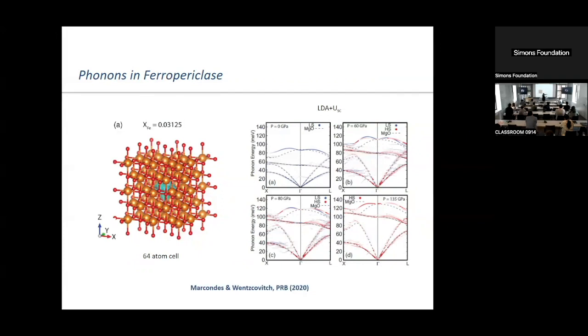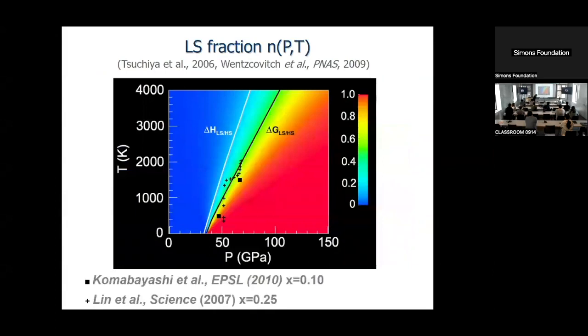The high spin state is stable at the bottom of the mantle. So it's as if you had 2 different stable states, and the transition is sort of a first order transition in which you have a large volume change, but you have 2 minima in parameter space of the free energy, the total energy surface in parameter space. So in DFT plus U, you don't have phonon instability.